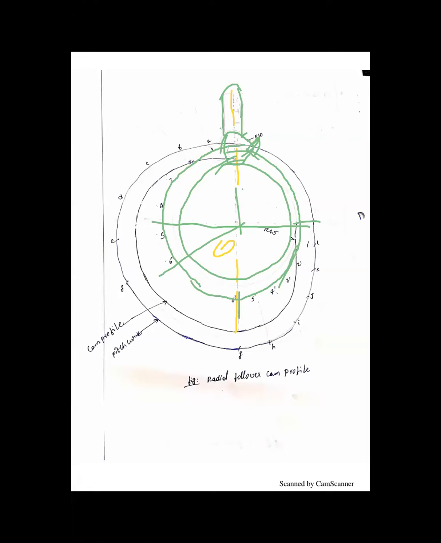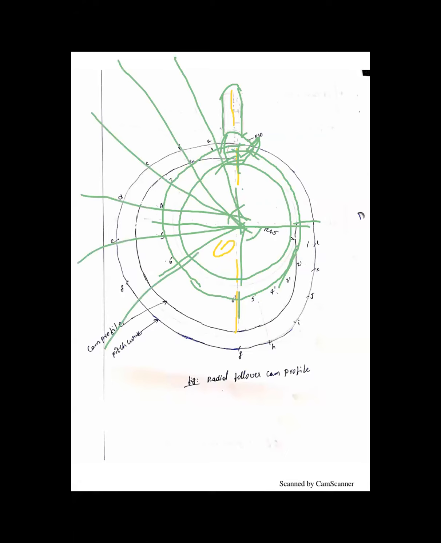Then again divide the outstroke period, the dwell period and the return stroke period. Each division is 20 degrees. Just divide the lines and give the numbering 1, 2, 3, 4, 5, 6.